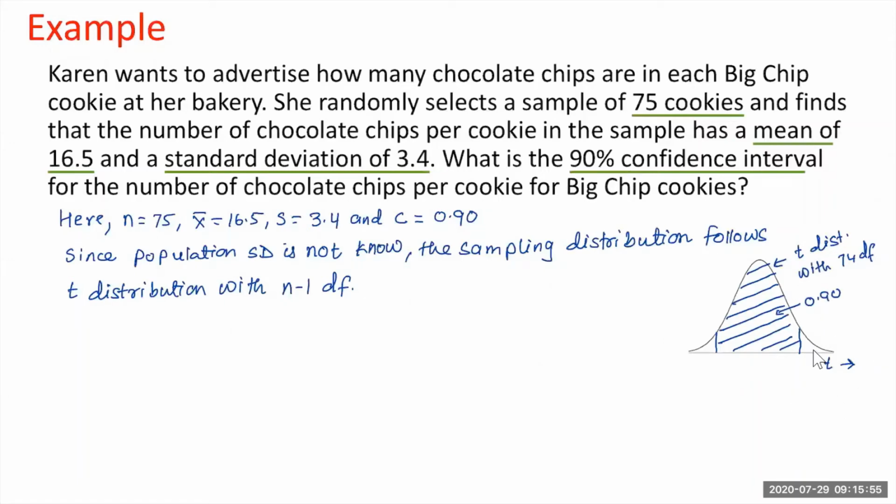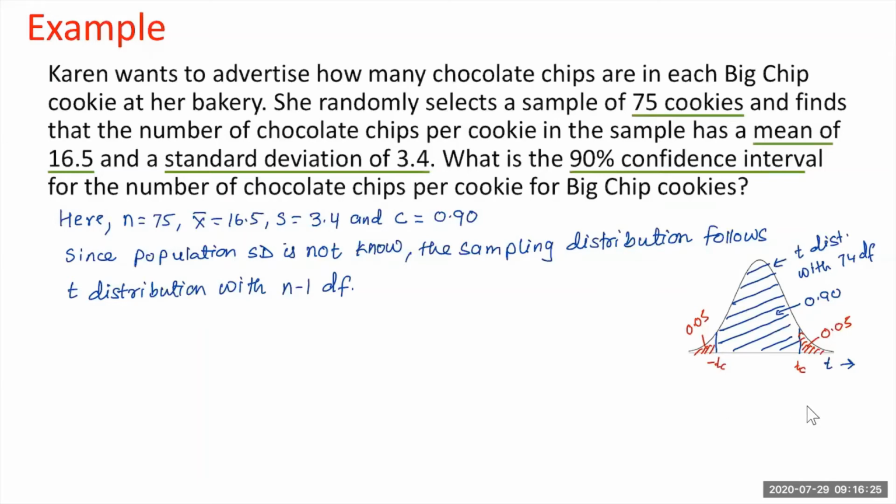Now the remaining 10% is divided into two tails, meaning on each tail you have 5% area, 0.05. And this value here is t sub c and negative t sub c.